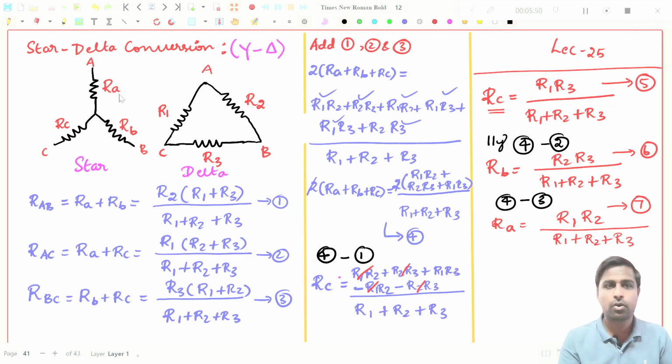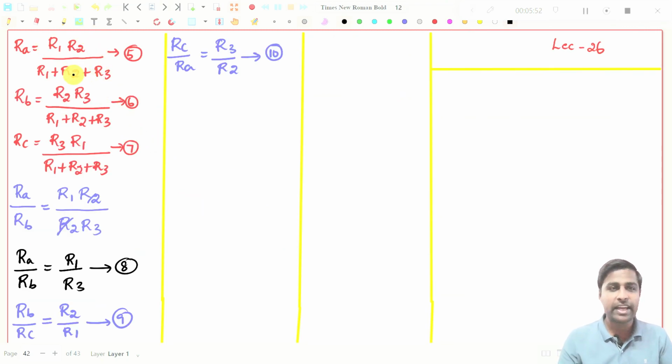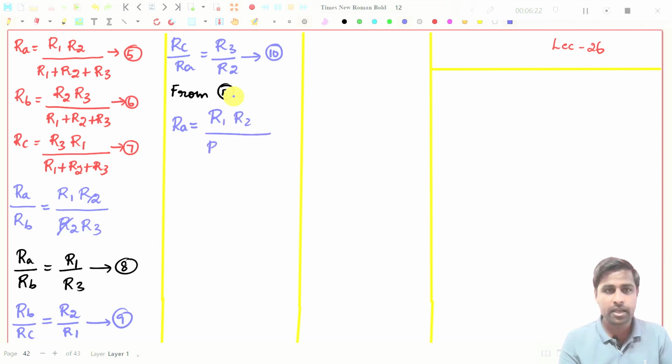For that, I will take the RA expression from expression number 5, which is RA equal to R1 R2 divided by R1 plus R2 plus R3.